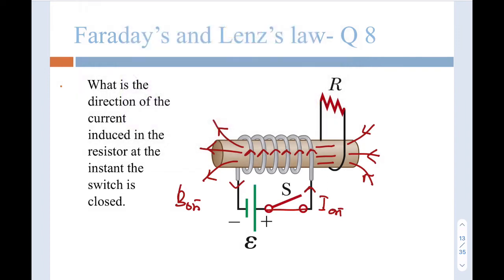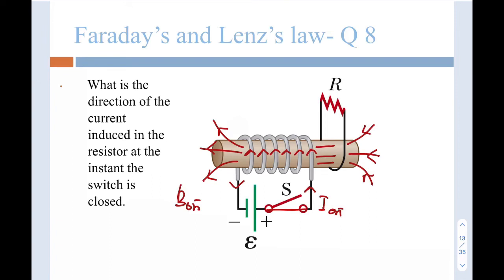For the induced B, you don't want to change. Remember, the idea is that you don't want change. So what kind of change is experienced by the induced loop here? The change is the increase of I original from 0 to some amount.